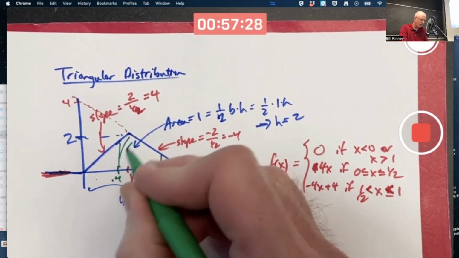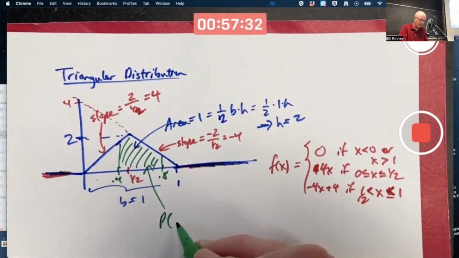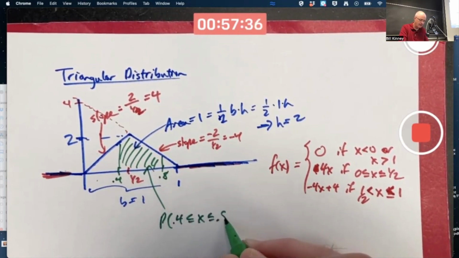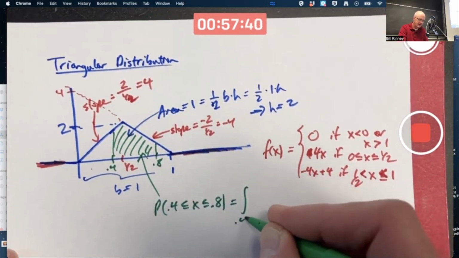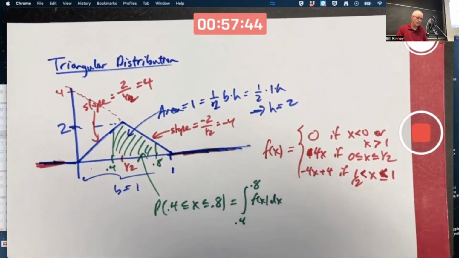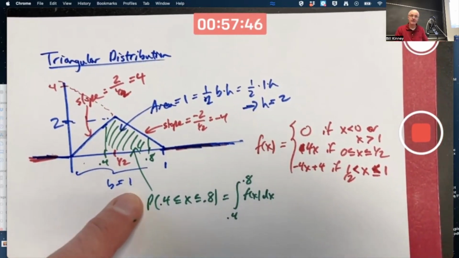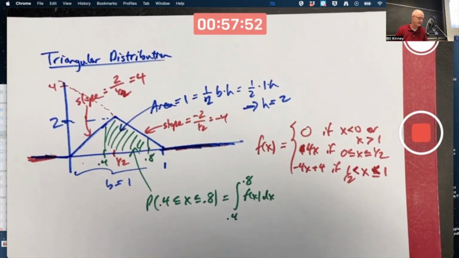Finding this area will find the probability of a data value being between 0.4 and 0.8. That area, whatever it is, could be represented as an integral, and will be the probability of observing a data value between 0.4 and 0.8. It'll be the percentage of the data values between there if you've got a large enough sample size.